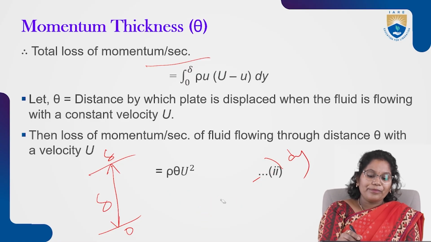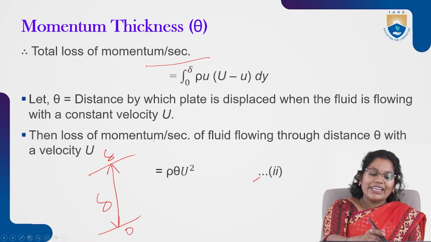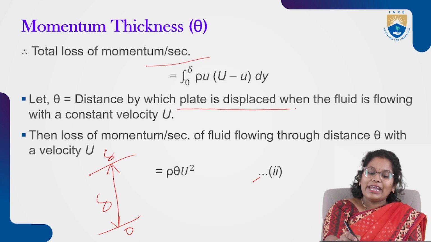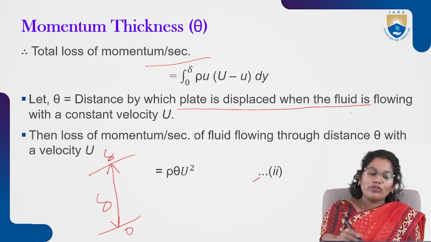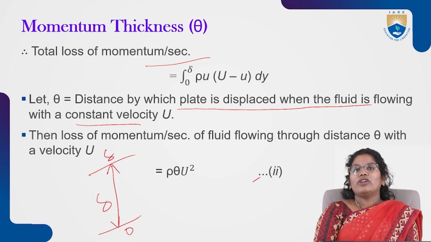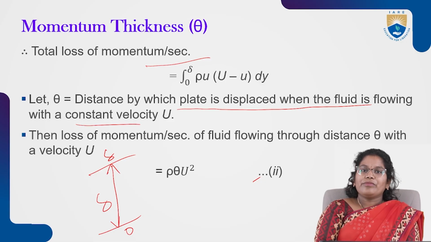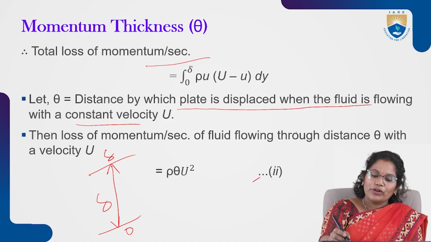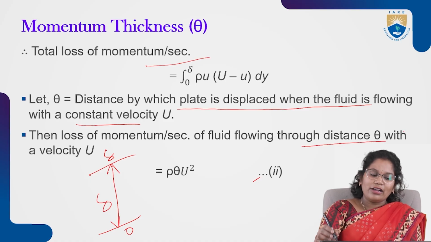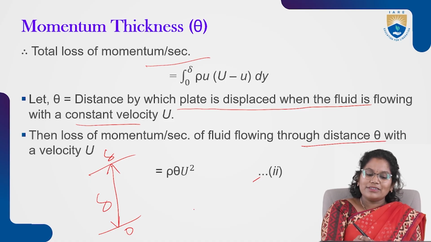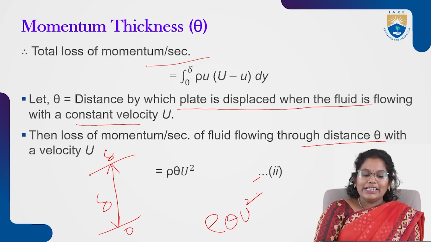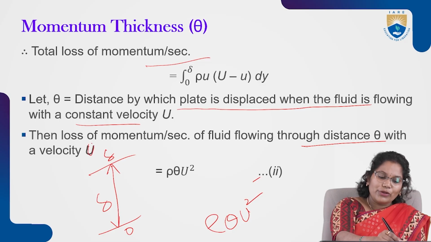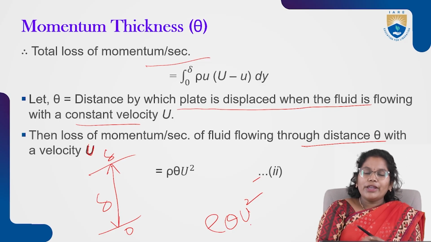Now let theta be the distance by which the plate is displaced when the fluid is flowing with a constant velocity capital U. The loss of momentum of fluid flowing through the distance theta with velocity U is rho theta capital U square.